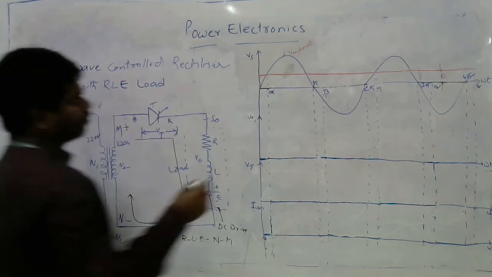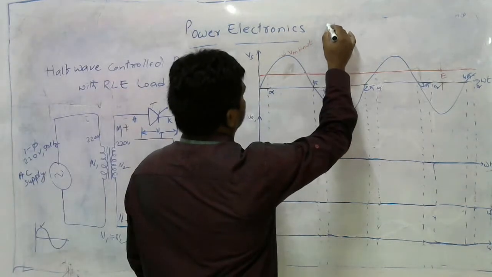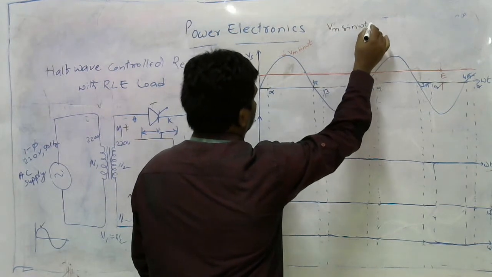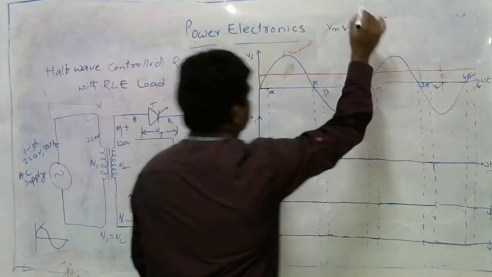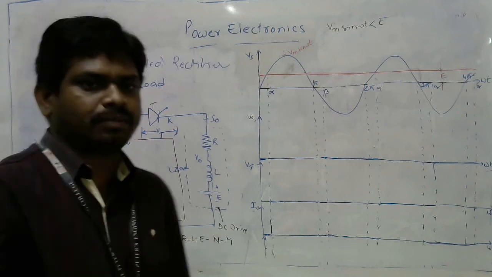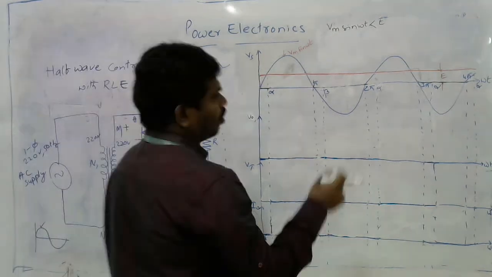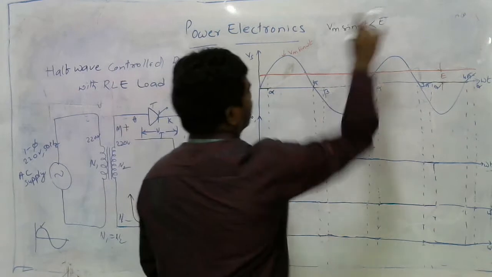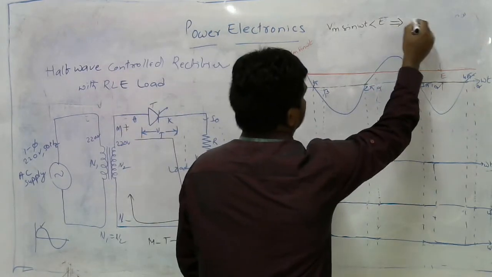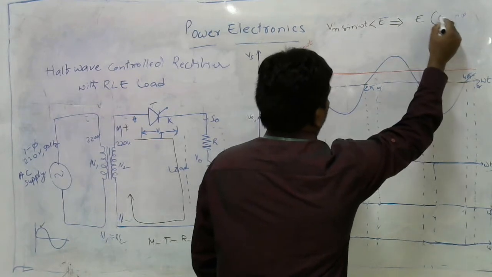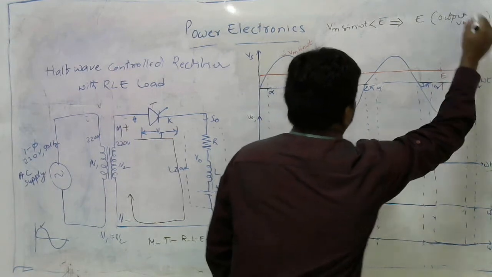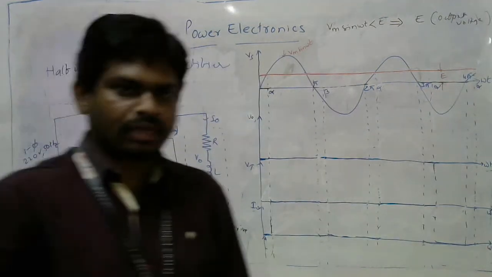First condition: Vm sin omega t is less than E. If the input AC supply Vm sin omega t is less than the voltage E already present at the output side, then the output voltage is E only, the back EMF.